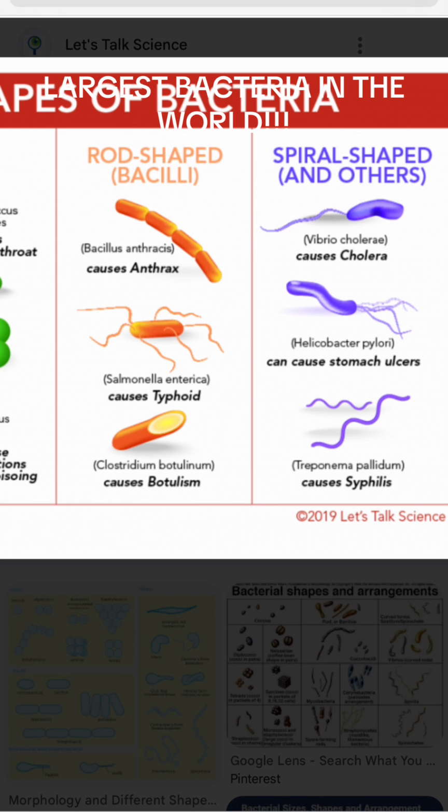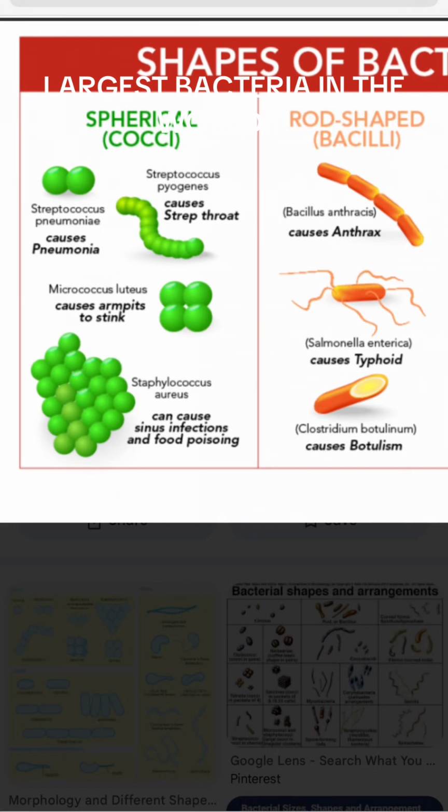Now we're going to move on to a different type of bacteria and their shape. Let's get into the spherical cocci. These are what you would see under a microscope when trying to determine the type of bacteria, or if you're studying, you see the different shapes.